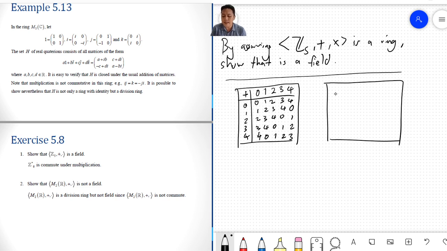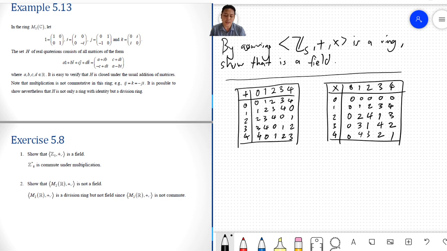Okay, this is for plus. For multiplication, 2 times 2 is 4, mod 5 is 4; 2 times 3 is 6, mod 5 is 1; 2 times 4 is 8, which is 3. 3, 1, 9 mod 5 is 4, 3, 11, 12, 2. 4, 3, 2, 1. Okay, finished.